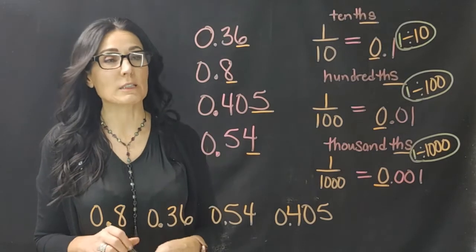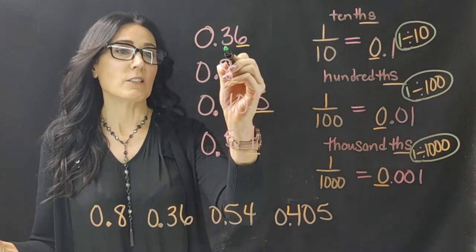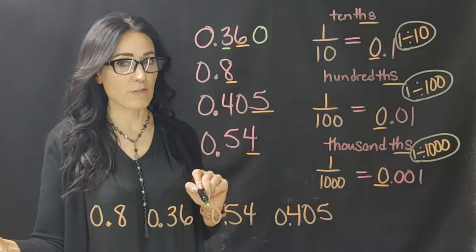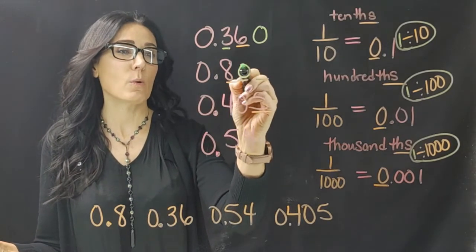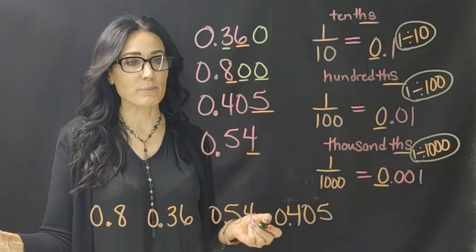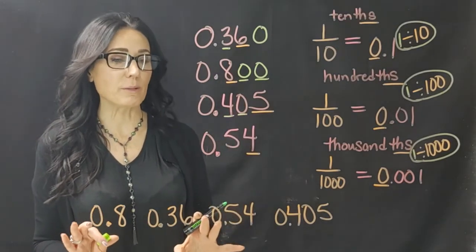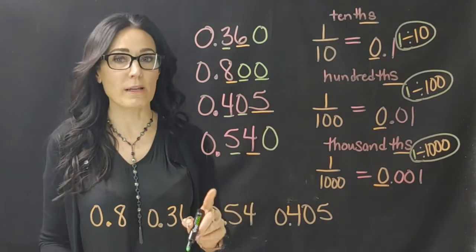That's 3 decimal places. So I want to make sure they all have 3 decimal places. Right now this one only has 2, but if I add a 0, it's going to have 3. This one only has 1, but if I add 2 more zeros, now it has 3. This one already has 3, so I'm not going to add any zeros to that one. This one has 2 decimal places, so I'm only going to add 1.